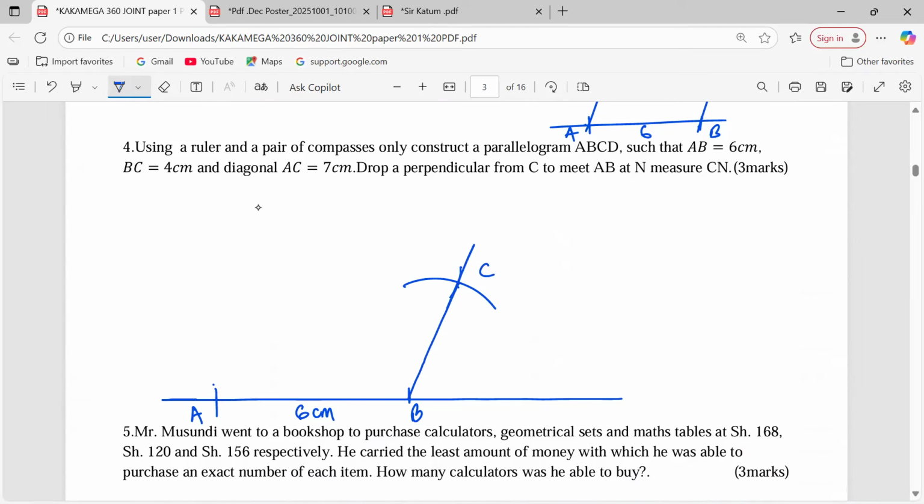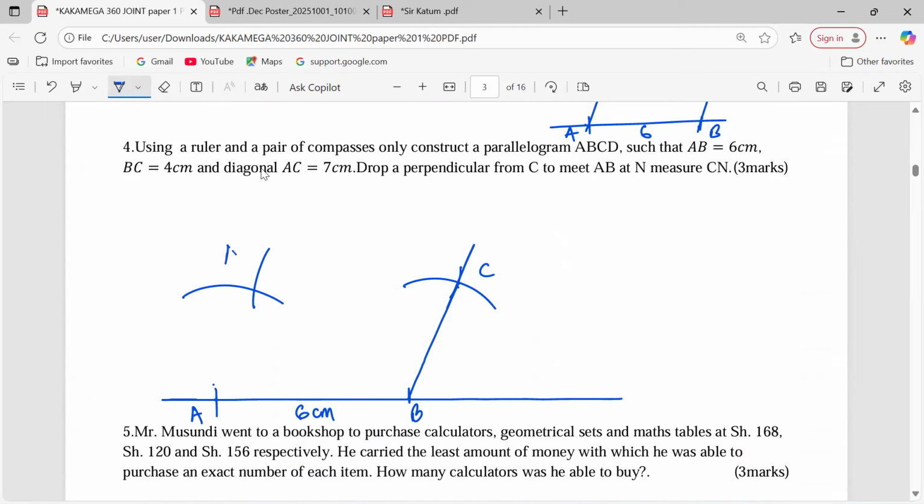So that's point C. Then again, we should be able to stand at point A. Standing at point A, we measure another 4 centimeters. Then standing at C, we measure 6 centimeters. You see?